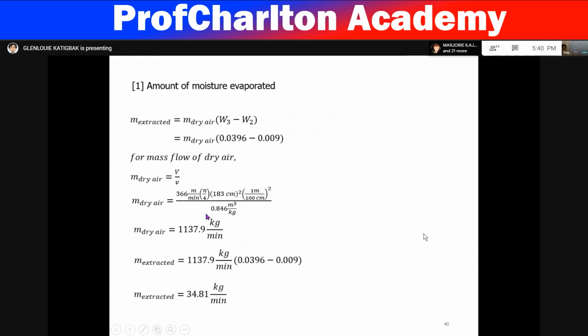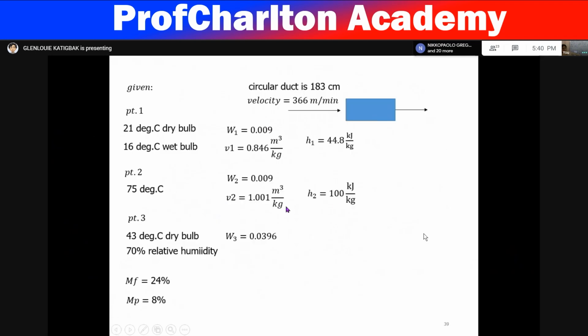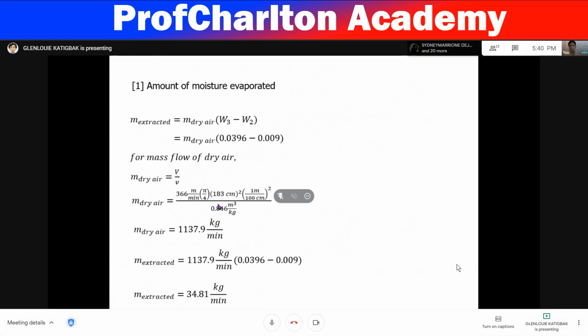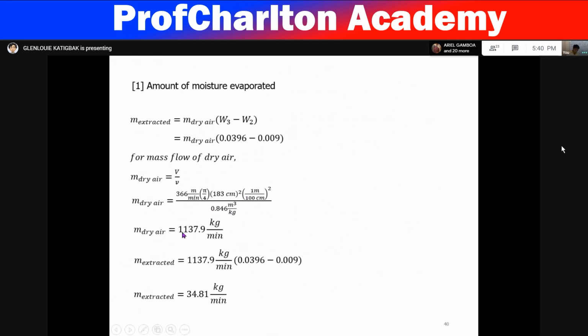So that's just a conversion: 366 multiplied by the area, with a conversion of cm to meters, all over the specific volume at point 2. I didn't include it there, but this is the point 2 value. Okay, then we get a mass of dry air of 1,137.9 kilograms per minute.